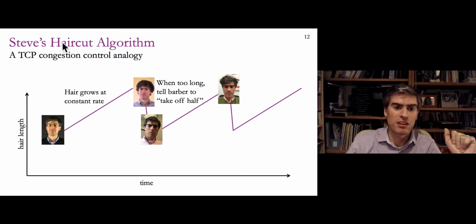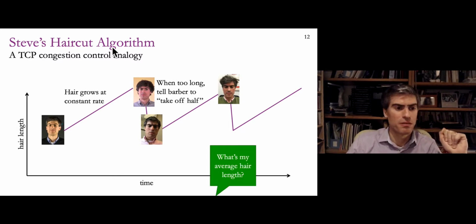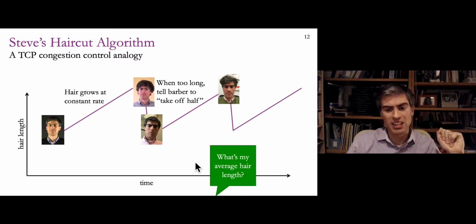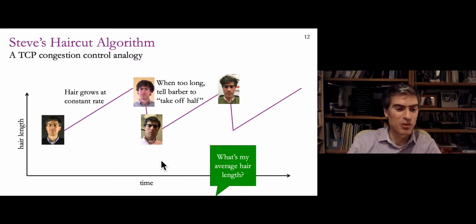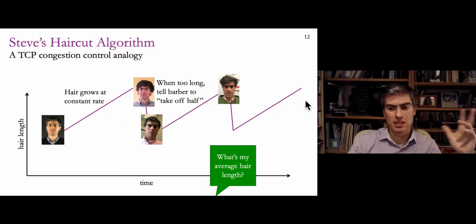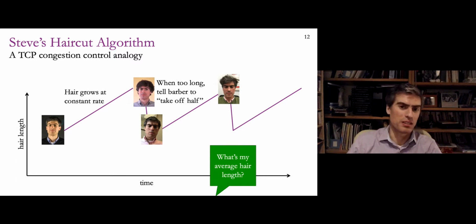So that's Steve's haircut as an analogy for TCP Reno congestion control. And of course, you can ask yourself, what's my average hair length? The answer is the same as the previous question I asked you, which is 3/4 of whatever length it is when I tell them to cut it. That's what the average ends up being.